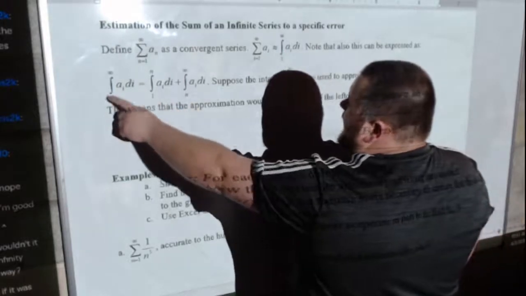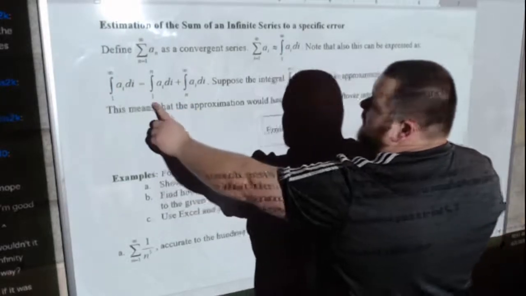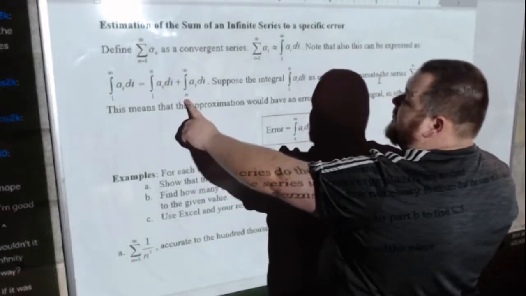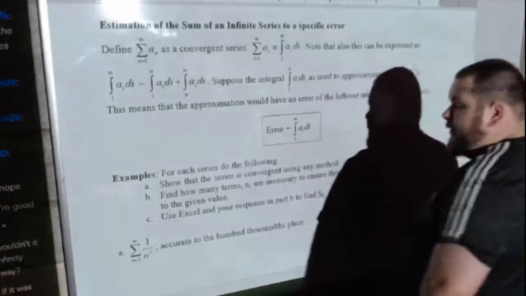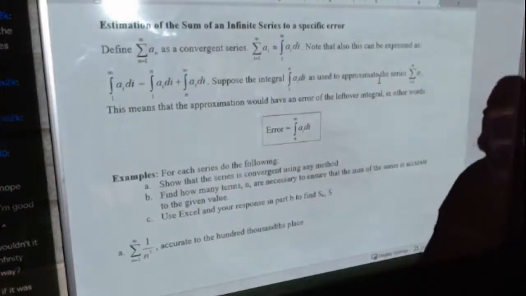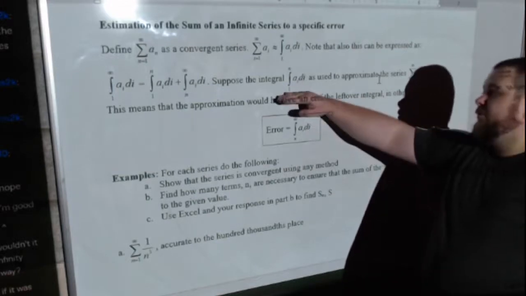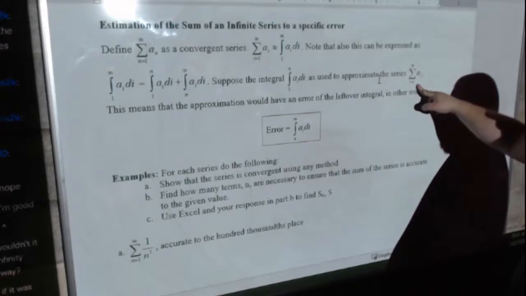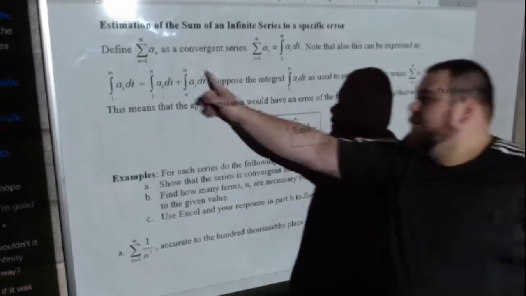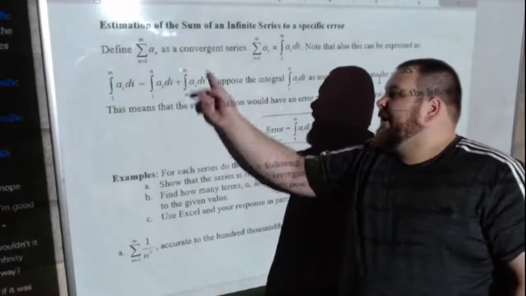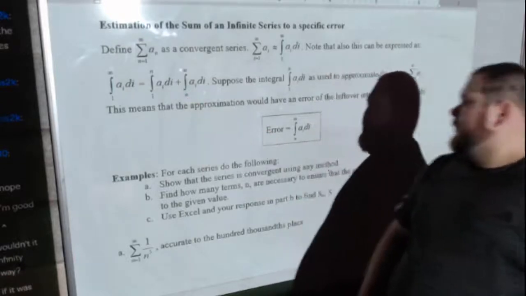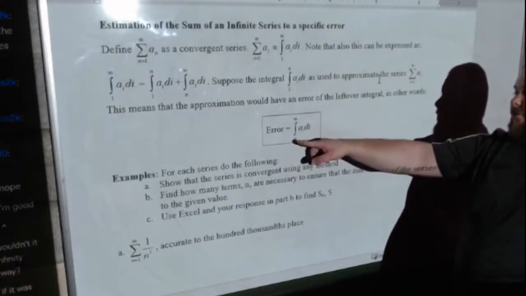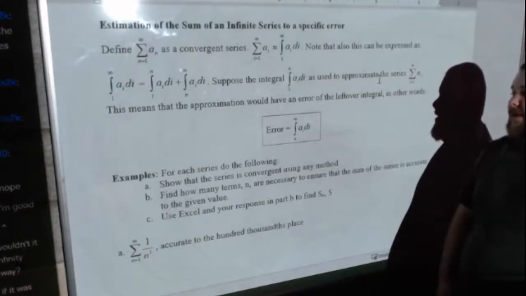So if there's some value n between 1 and infinity, I can make an integral that runs from 1 to n, plus an integral that runs from n to infinity. I could then take the 1 to n integral and say that's going to be my approximation to the series. And this here is going to be my error. So we're going to call that integral from n to infinity the error.